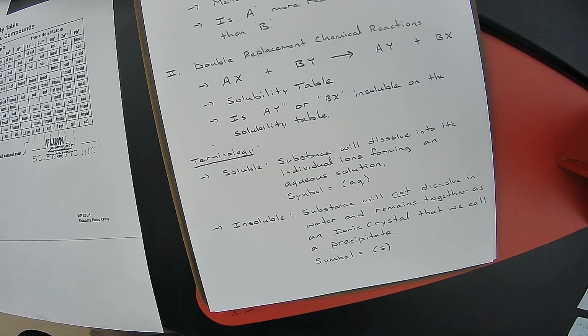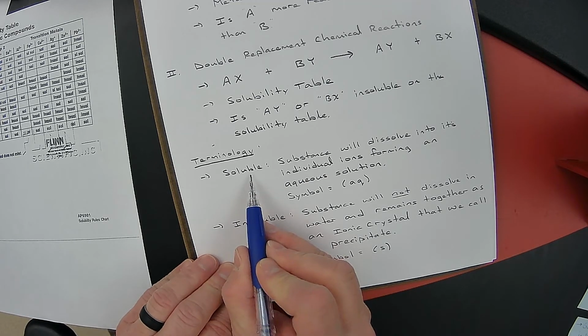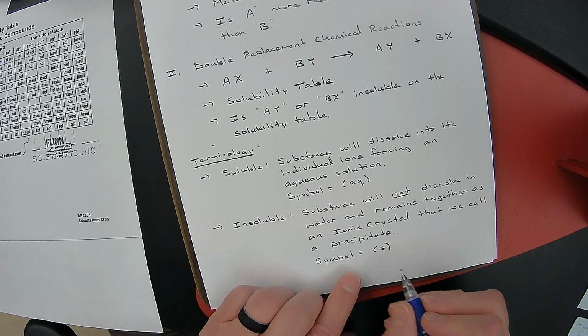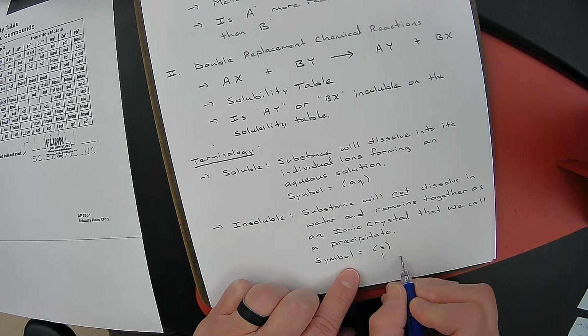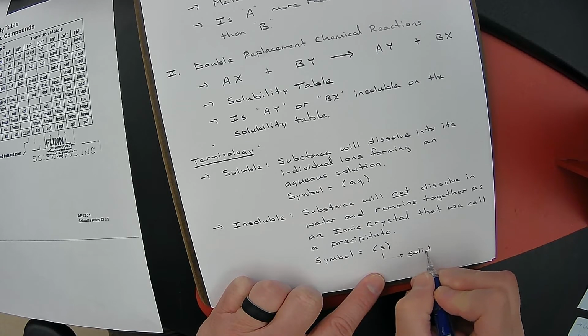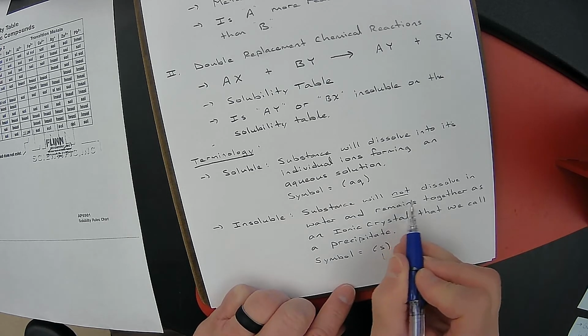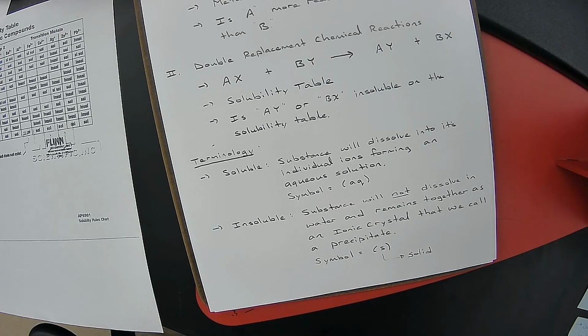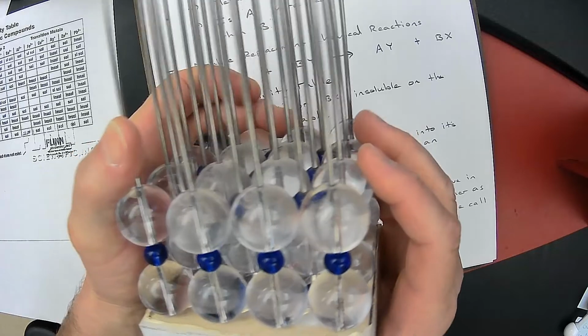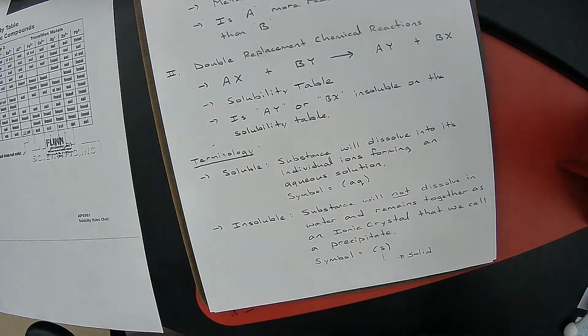Now we have to be careful. This can be very, very confusing because when it's soluble, we write AQ. When it's insoluble, we write an S. The reason being is that S stands for solid. It will not dissolve, so it remains as an ionic compound in the water. It remains together as an ionic crystal. The water's trying to pull it apart, but it will not pull it apart.